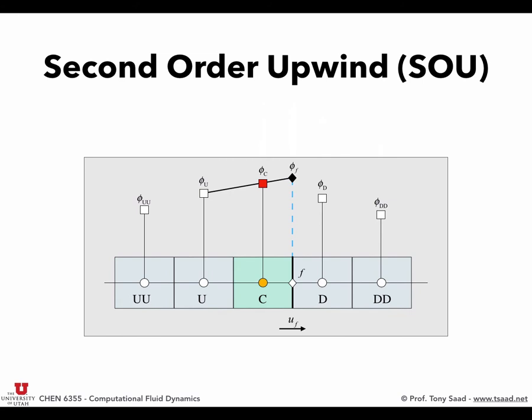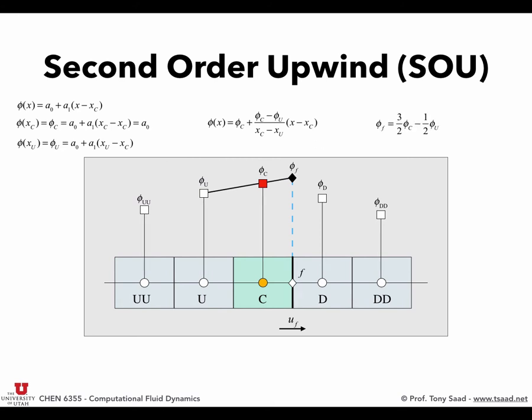That assumes also a straight line, a naught plus a1 times x minus xc. We want phi at xc to be equal to phi c. That's going to give you a naught. And we want phi at x far upwind to be equal to phi far upwind. That gives you a1. You plug things in, and this is what you get.